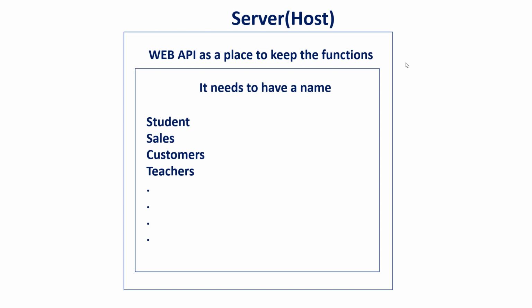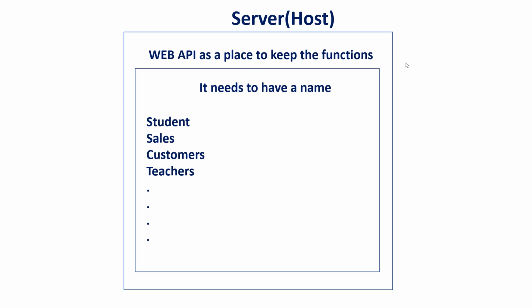An API needs a name. Imagine that you're going to work on student information. So that API needs a name. We call it a student API, sales API, customers API, teachers API, whatever.